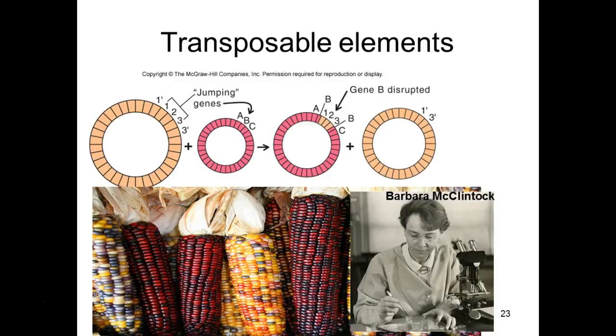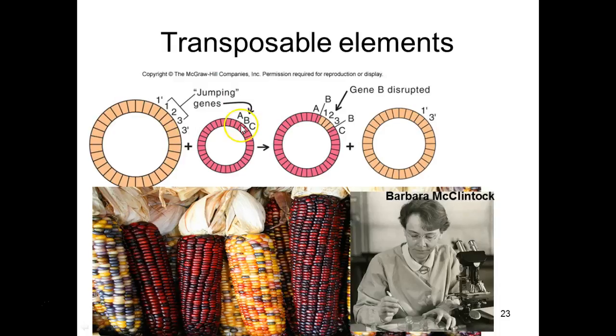Well, genetically she found that they really were pretty much the same. The problem was what genes were disrupted and what ones were not. So some genes were disrupted that produced the different colors. So you had this jumping effect. So here again, say you have these genes, 1, 2, and 3.